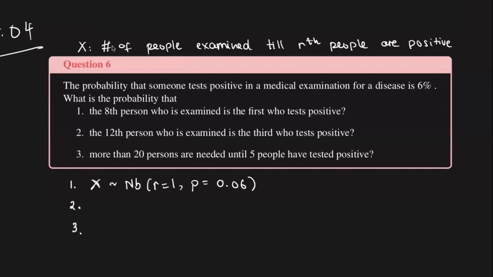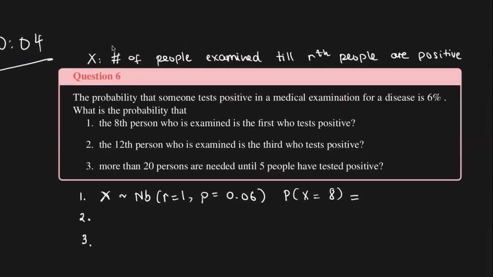And we want to calculate the probability that X equals 8. So we want the probability that we have to examine 8 people until we see that someone tests positive, like the 8th person is the one who first got positive. So what does that mean? That means that the first 7 people have to be negative, right?